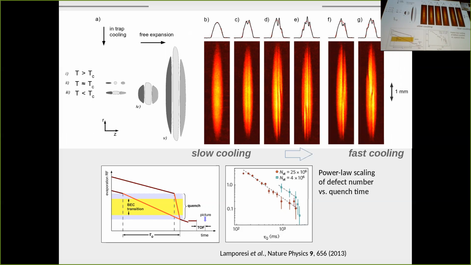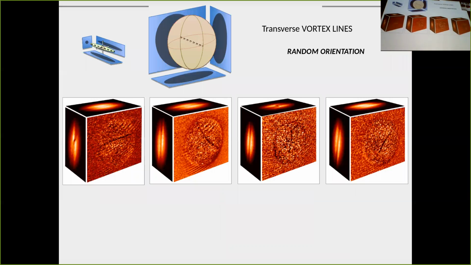Okay, so in order to gain a better insight into what we have here, we extended the imaging method in order to acquire pictures of the condensate simultaneously along 3 orthogonal directions. So this is the pancake after the ballistic expansion.